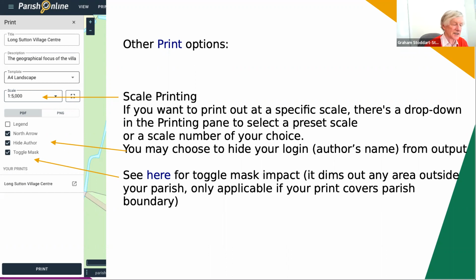So if everything is inside your boundary, having the toggle mask on or off makes no difference at all. But it is useful when you need to clarify where responsibilities start or finish or whatever it happens to be. So printing, very practical, very useful because it's electronic. You can send stuff out to anybody and they'll see what you're seeing.